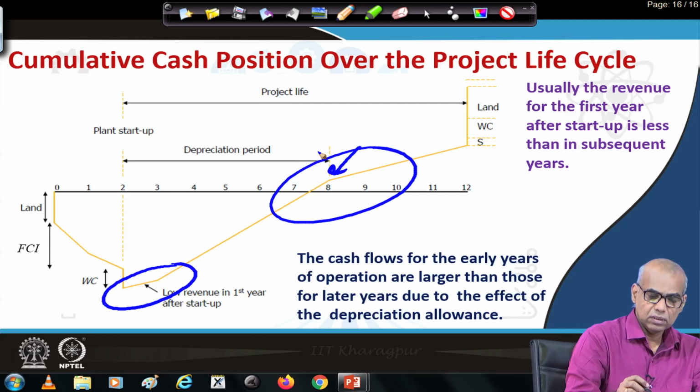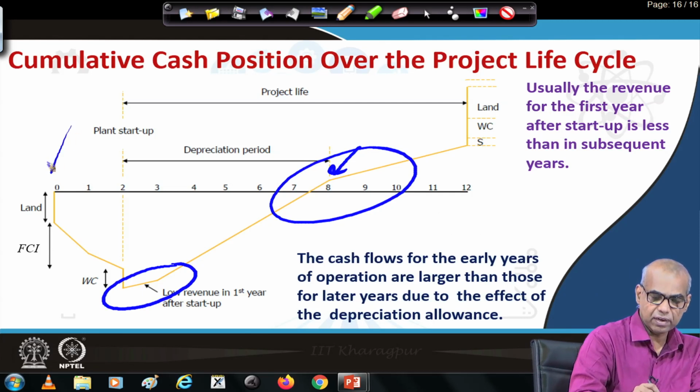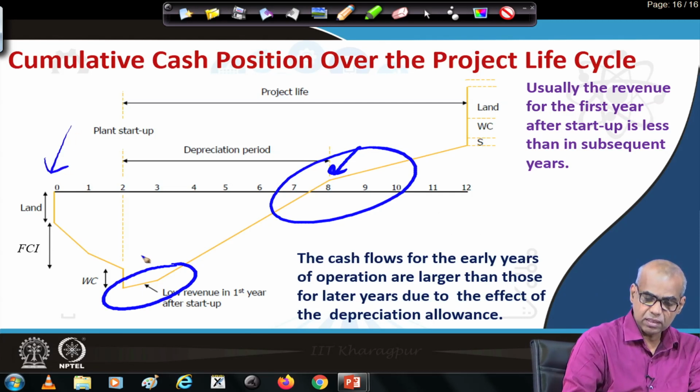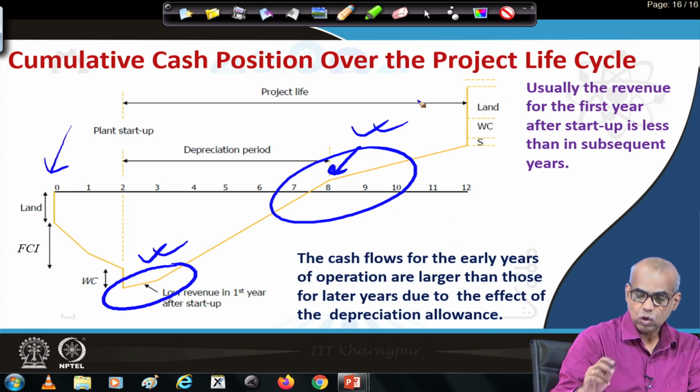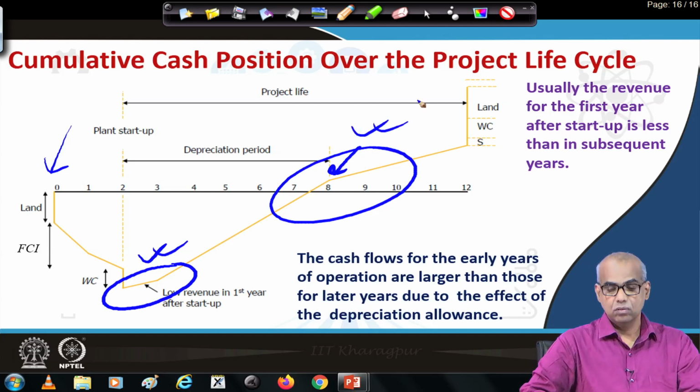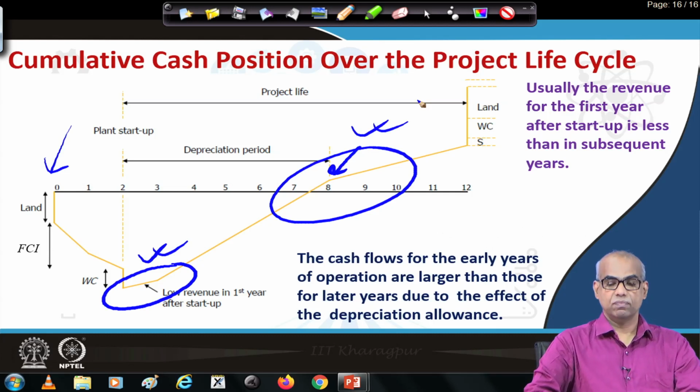Also, the time 0 is indicated differently in this diagram, but these are the two points which we wanted to make clear. The cash flows for the early years of operation are larger than those for later years due to the effect of depreciation allowance.